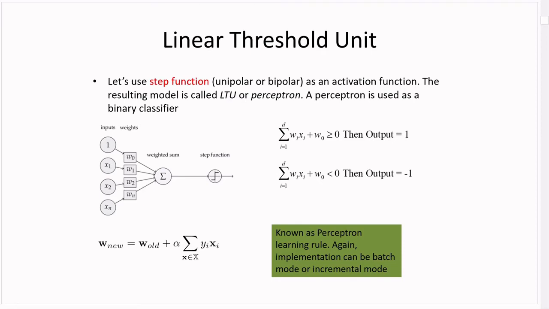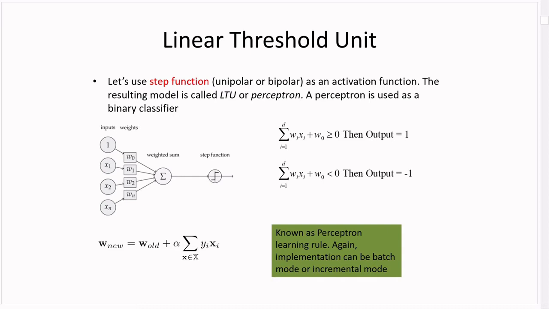There is also the threshold nonlinearity that was proposed in the original model. If you put that nonlinearity as your activation function, then the resulting model is also known as a linear threshold unit, or LTU. This model is also known as the perceptron. And if you remember our discussion on linear classifiers, basically we talked about the perceptron at that time.